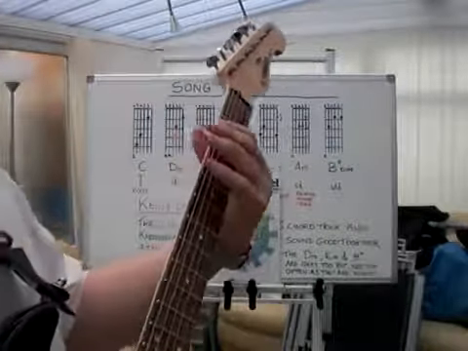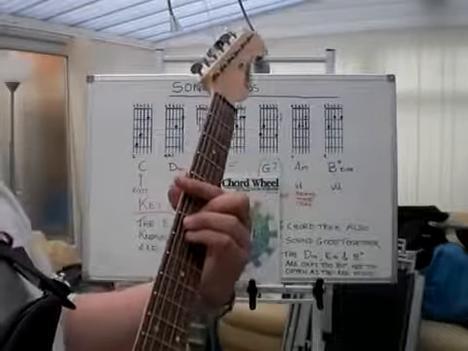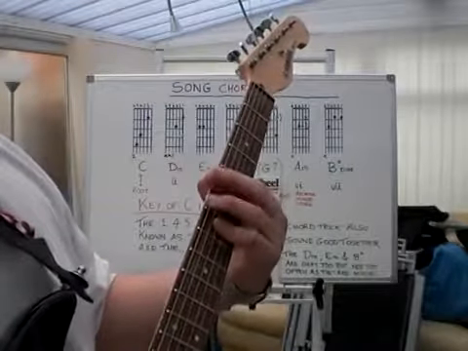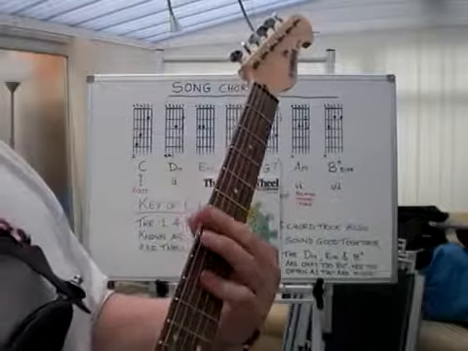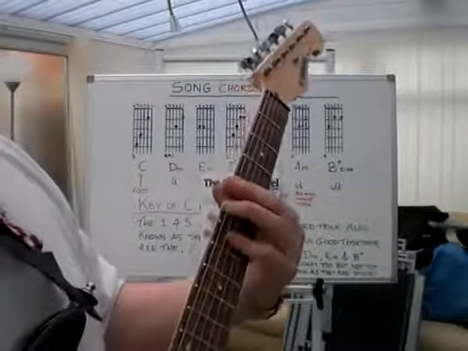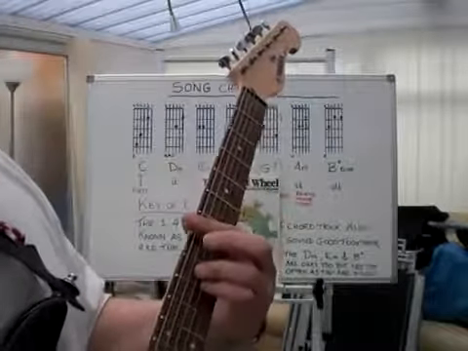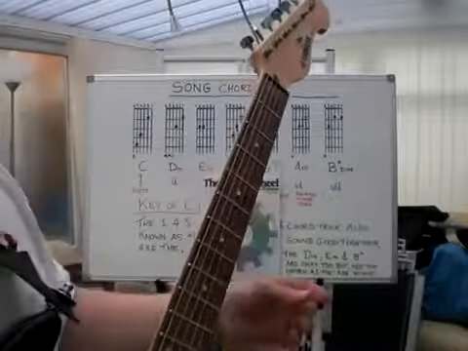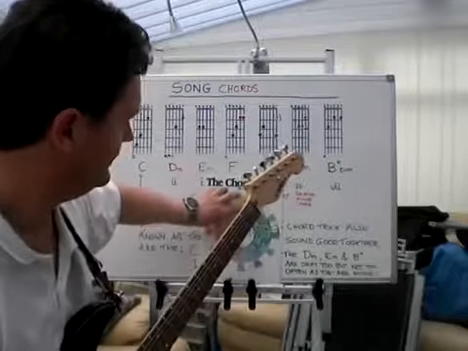So let's go for this G again. Oh, let's go for an A, shall we? So that was a key of A. Let's turn it around for the A. There, you'll note there.